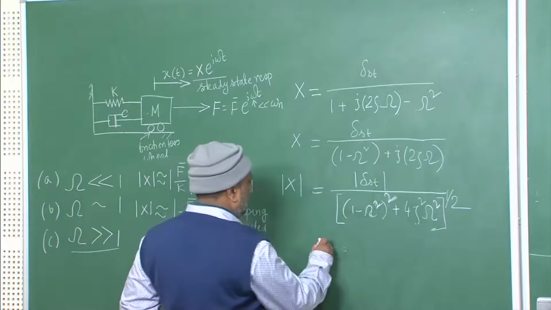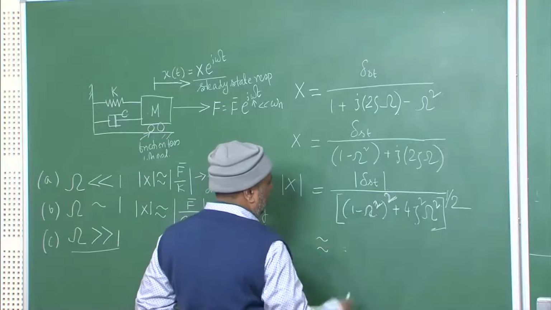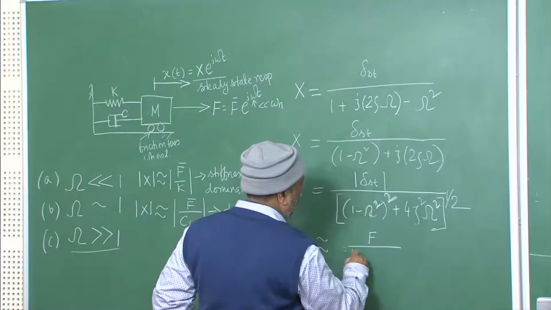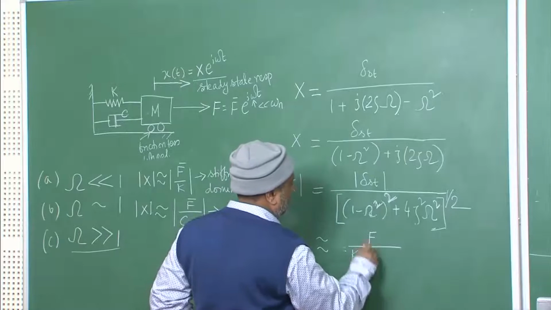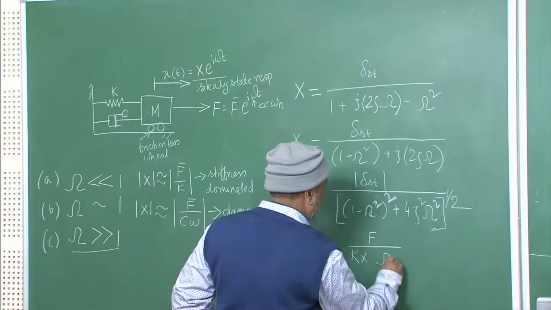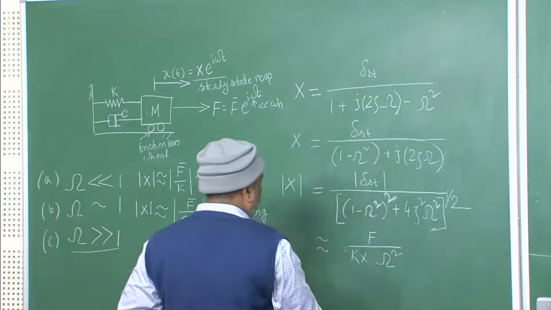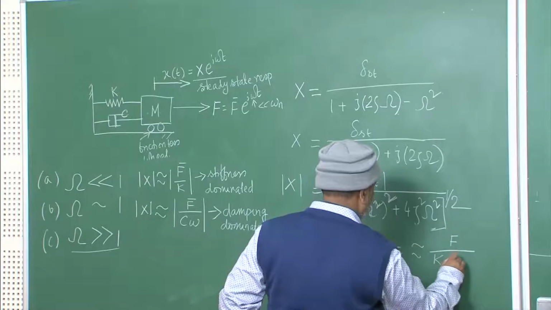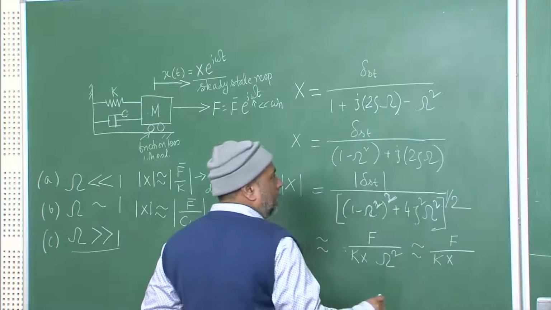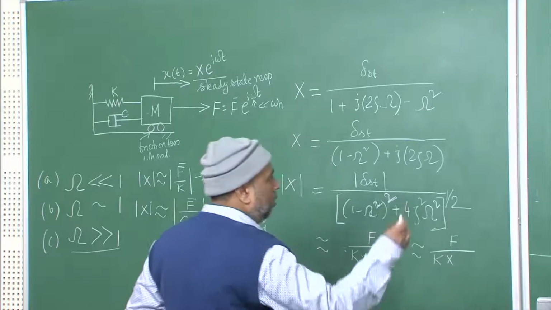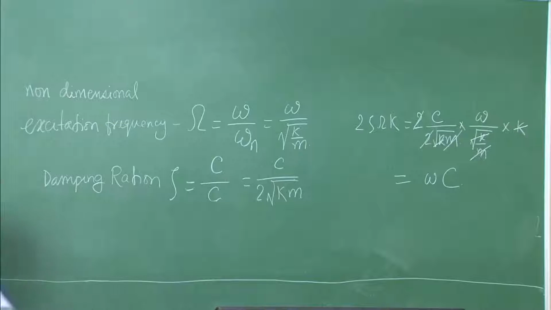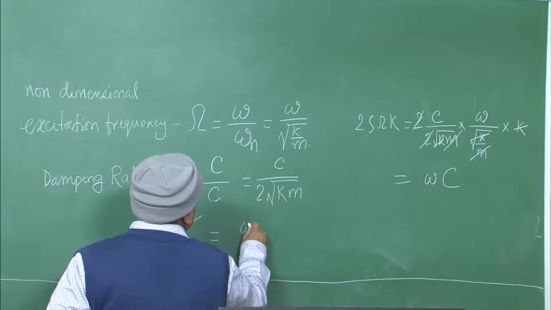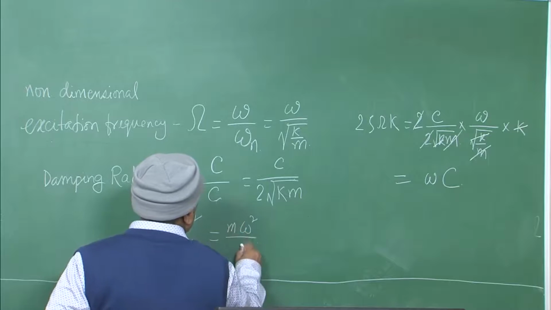So, for such a case x will be approximately f over k times omega square itself. As you can see here, this is the expression of omega. So, we can write from here that omega square is nothing but m omega square over k.